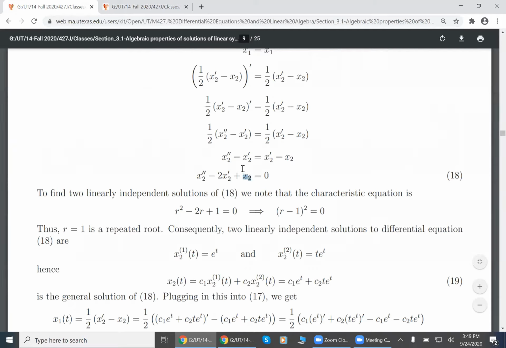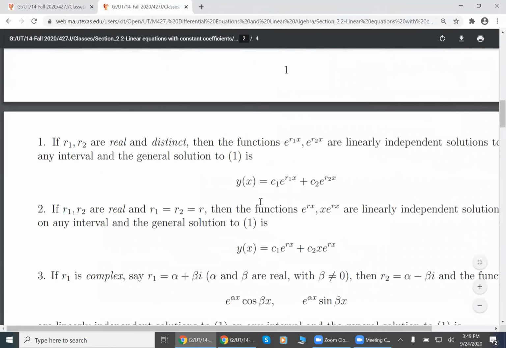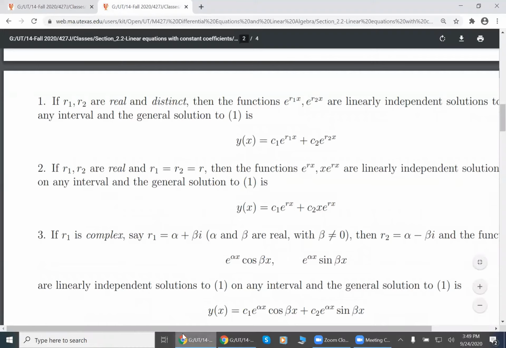There is nothing in front of x2, which means the coefficient in front of x2 is 1. Next, we factor this polynomial. Done. Conclusion: r equal to 1 is a repeated root, which means this is case 2.